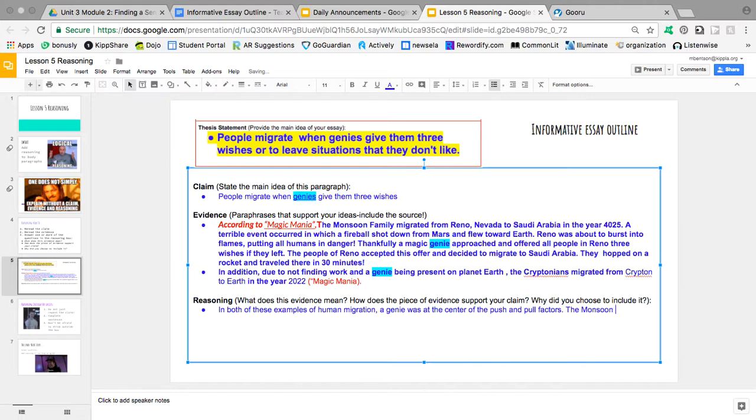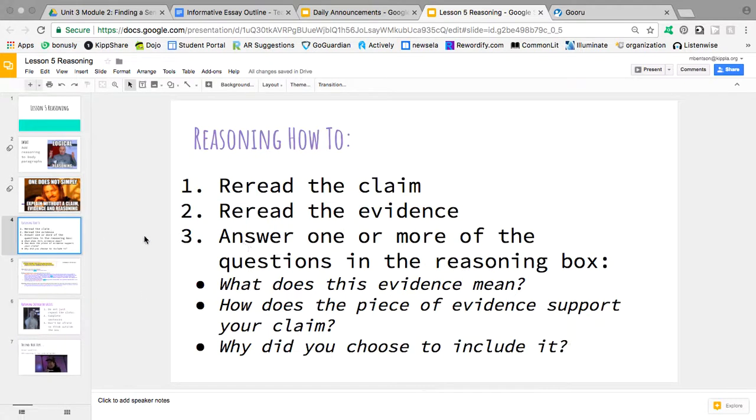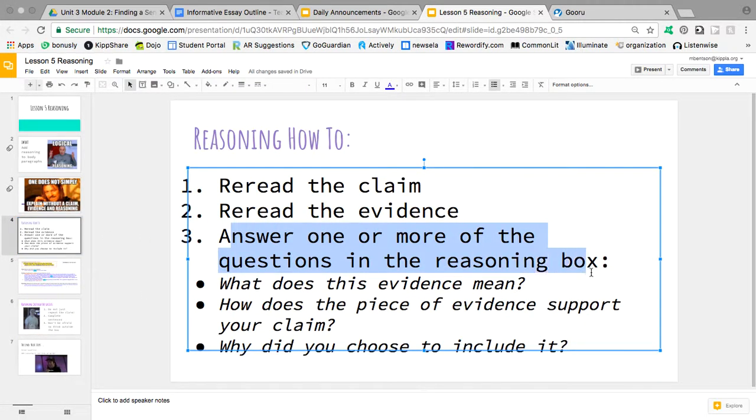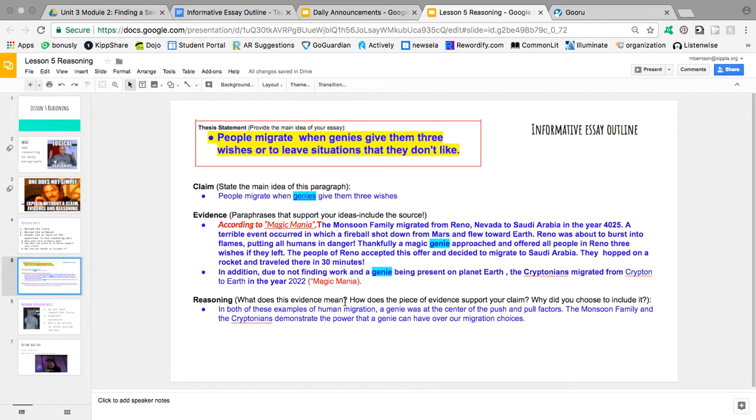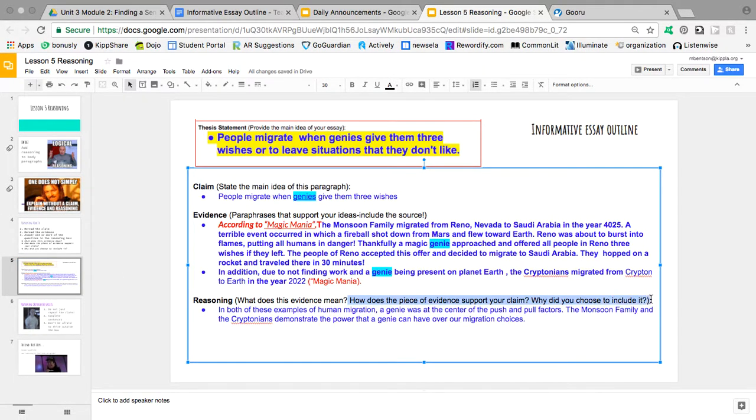The Monsoon family and the Kryptonians demonstrate the power that a genie can have over our migration choices. See, I really just answer it with 1 or 2 sentences, okay? All that I did was exactly this. I just chose one of the questions to answer. In this case, I answered these actually last two.